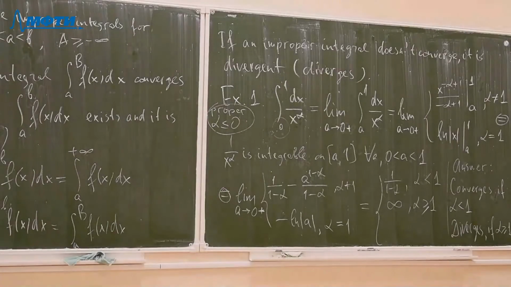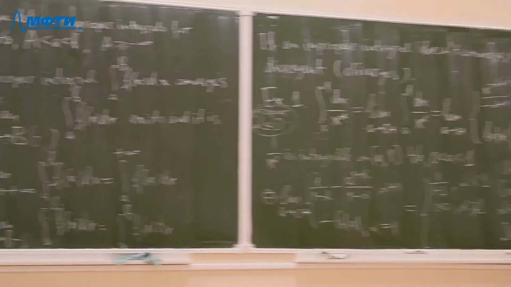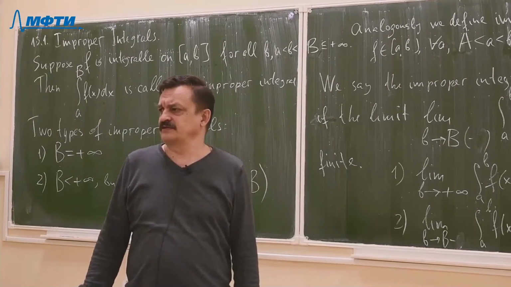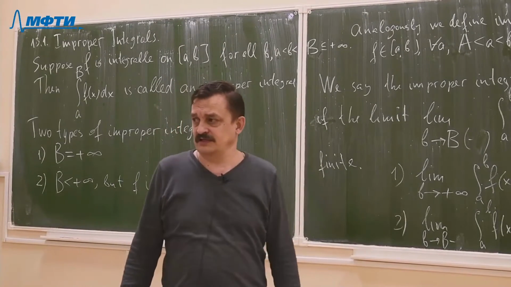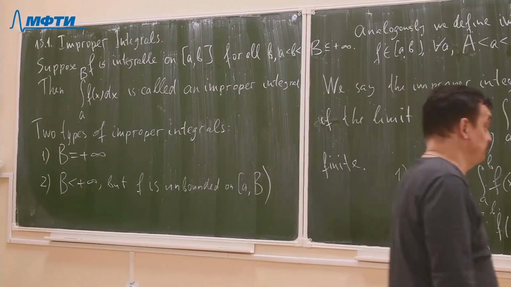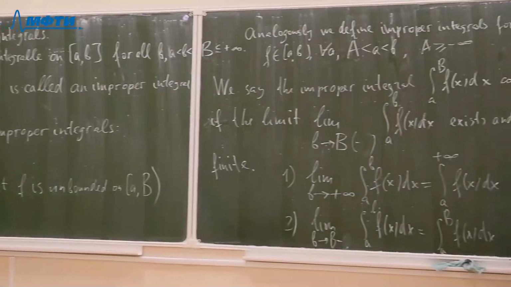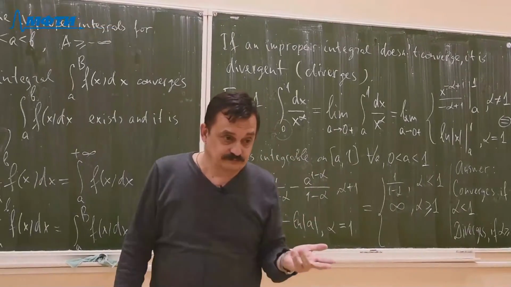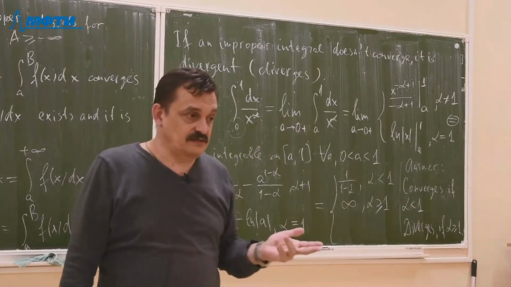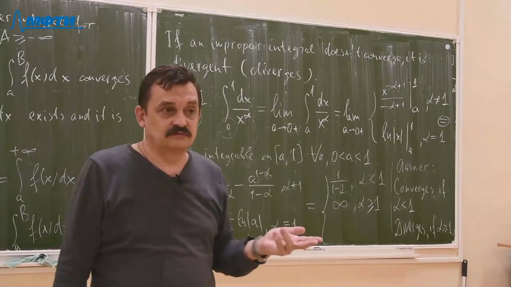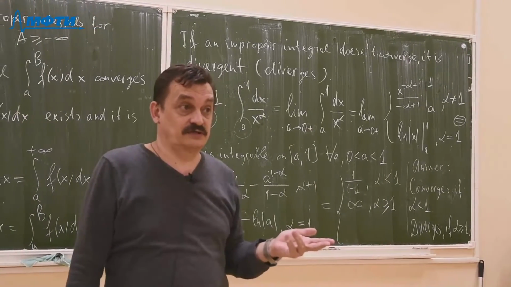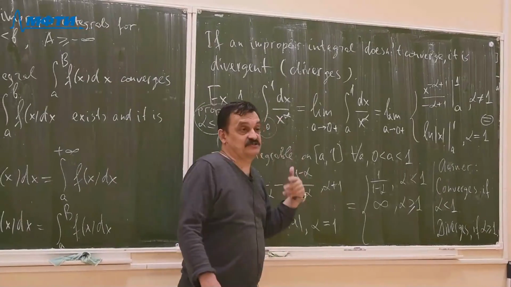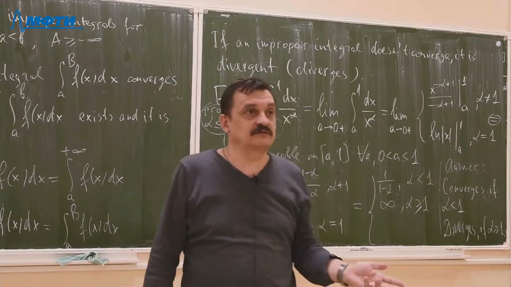Roughly speaking, there is a question that alpha less than 0 is proper because x will go in the numerator. Roughly speaking, it's true. Because 1 over x to the power alpha has a removable discontinuity, right? At 0, 1 over x to the power alpha is not defined at 0, right?